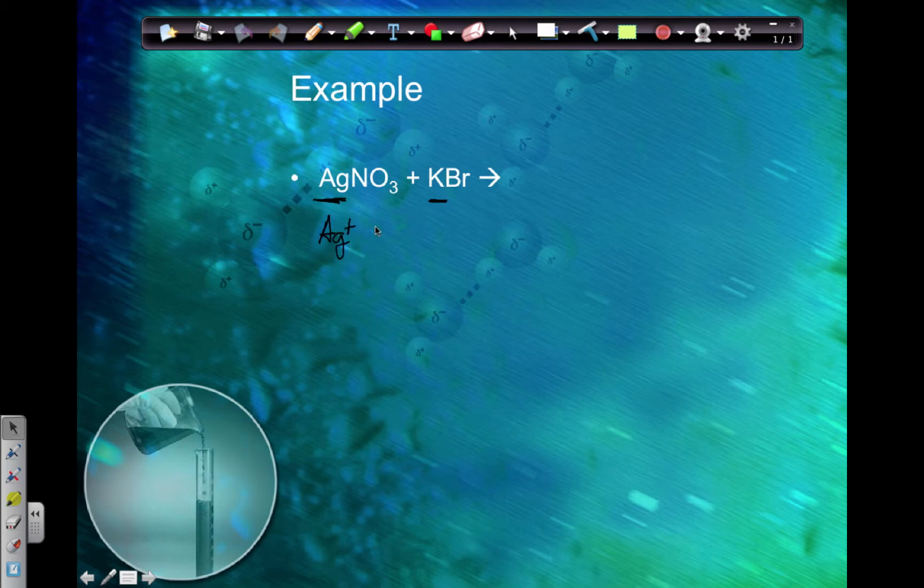Silver is a +1, then NO3 would be a -1, potassium is +1, bromine is -1. So the silver will switch places with the potassium and bond with bromine. Check your charges though when you put them together. +1, -1, they cancel.